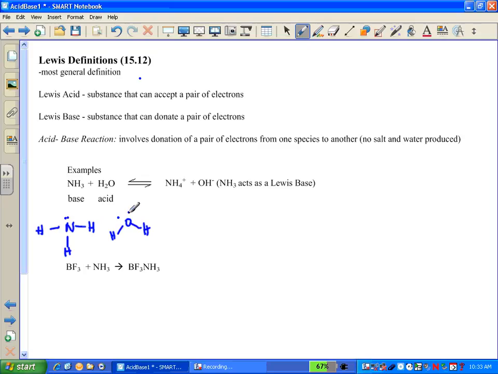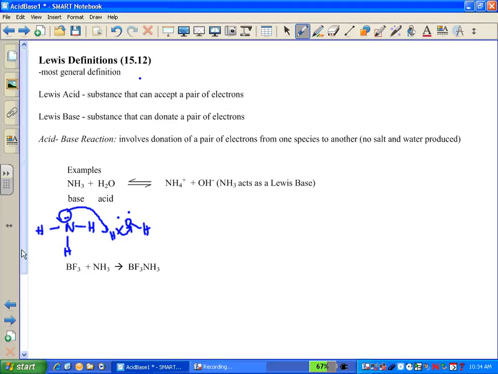So what is happening here is this pair of electrons is actually being donated to form this bond with the hydrogen, and that's how we form the NH4+. This pair of electrons is what makes the hydroxide actually negative. So by the Lewis definition, the NH3 is still a base, but when we look at why it's called a base, it's because it's the one that's donating a pair of electrons in this reaction.